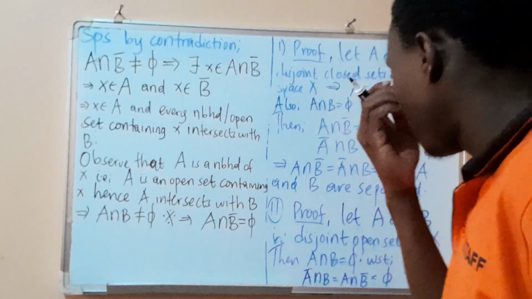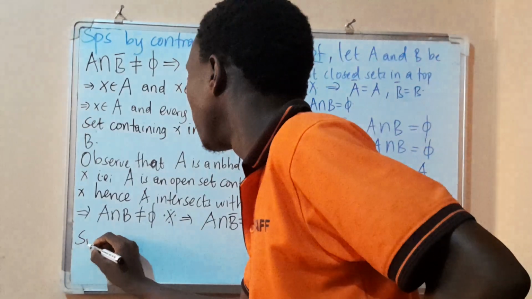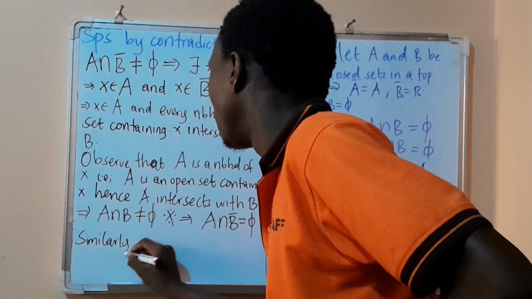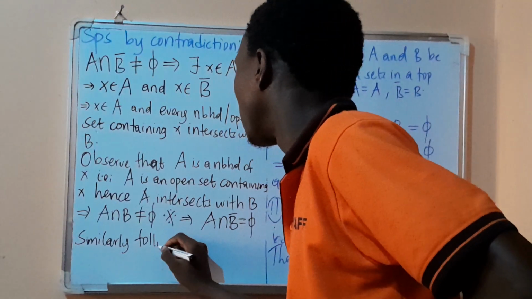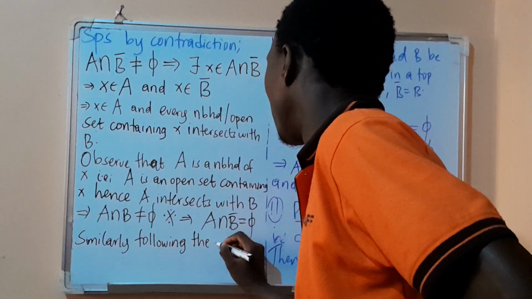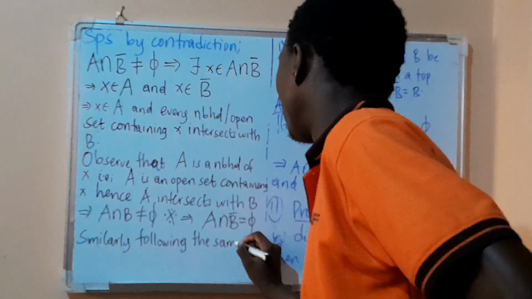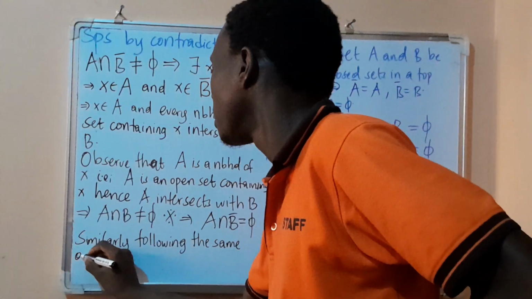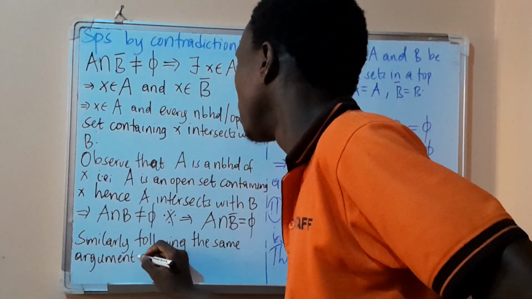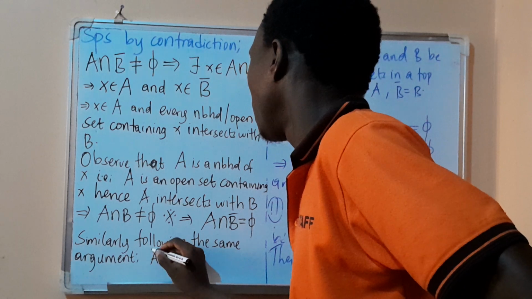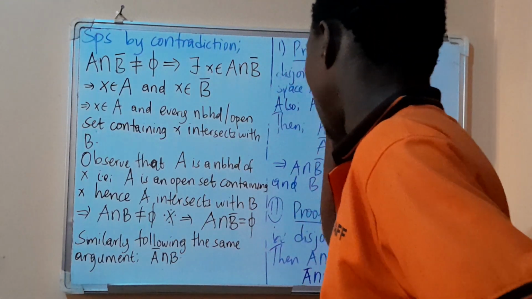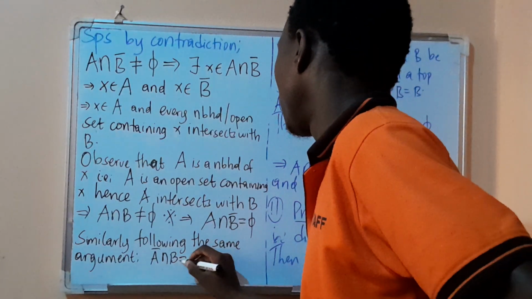Similarly, following the same argument, we have that A closure intersection B is an empty set.